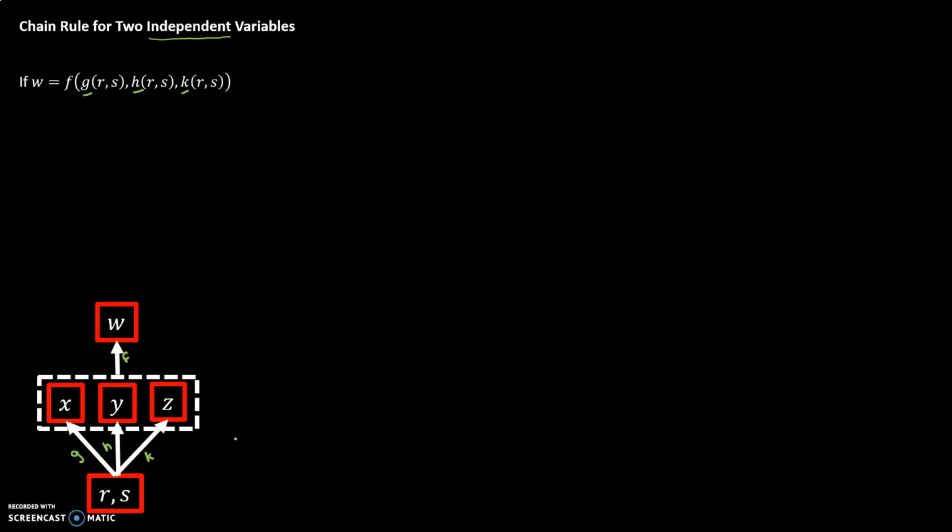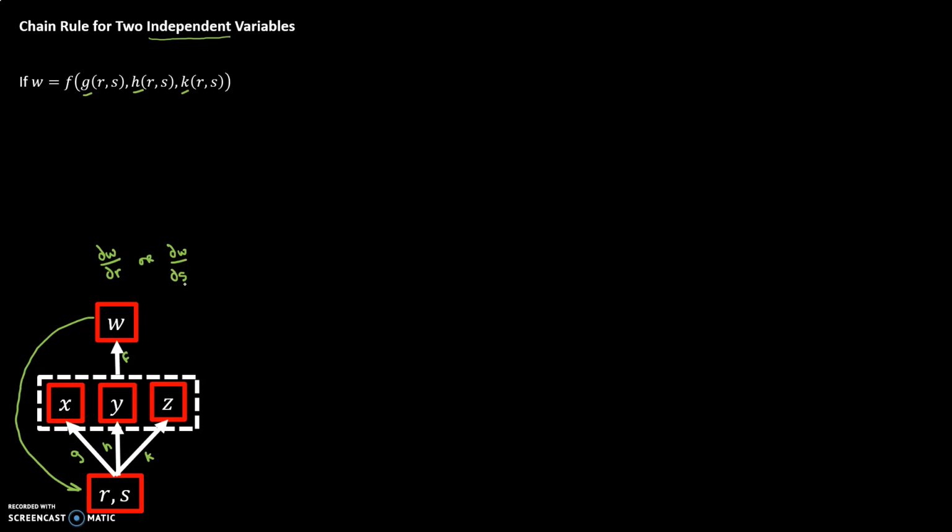Now, looking at this diagram, we might ask a question like, how does w change with respect to one of the independent variables? We can only pick one. So we can ask, how does w change with respect to r? Or, how does w change with respect to s?